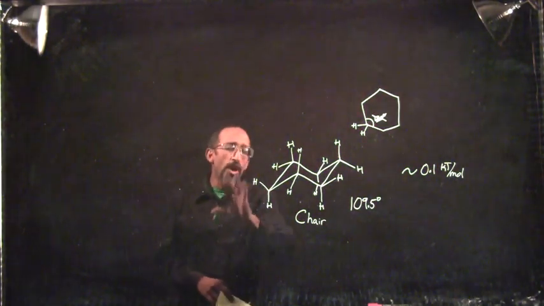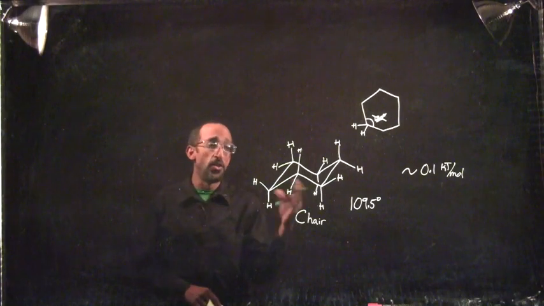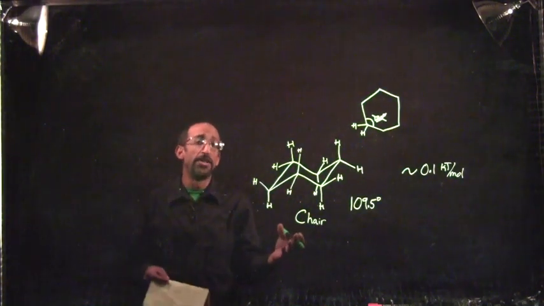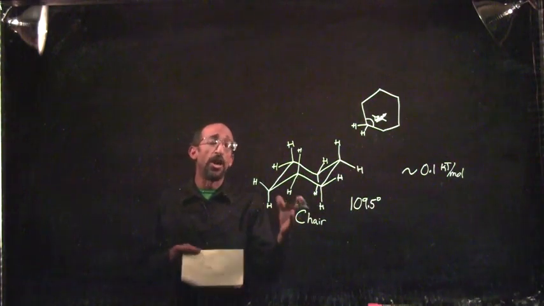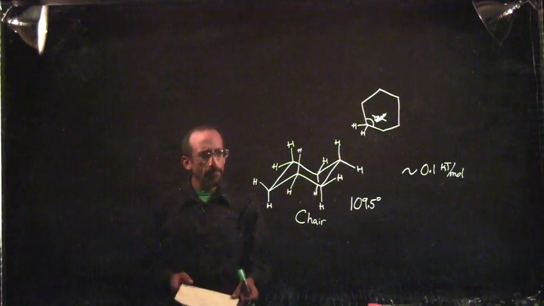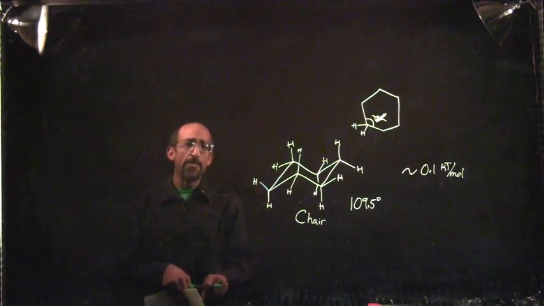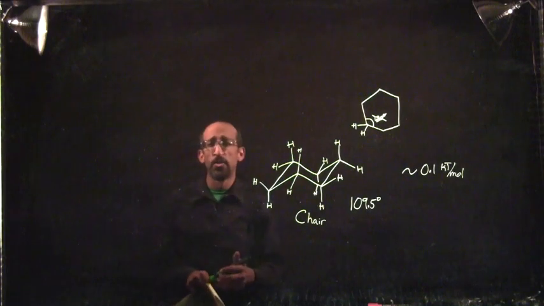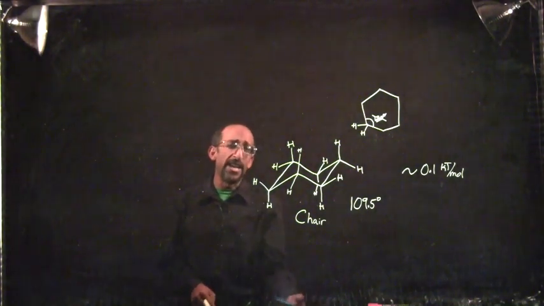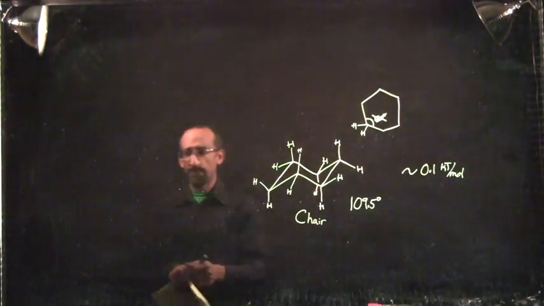So, drawing these chair cyclohexanes is going to be something we need to do a lot. It allows us to determine which conformer is the most stable when we have a substituted cyclohexane. And so I'm going to redraw this now, and I'm going to start talking about some of the terms we use to describe the different conformers and the different positions of the atoms within the molecule.